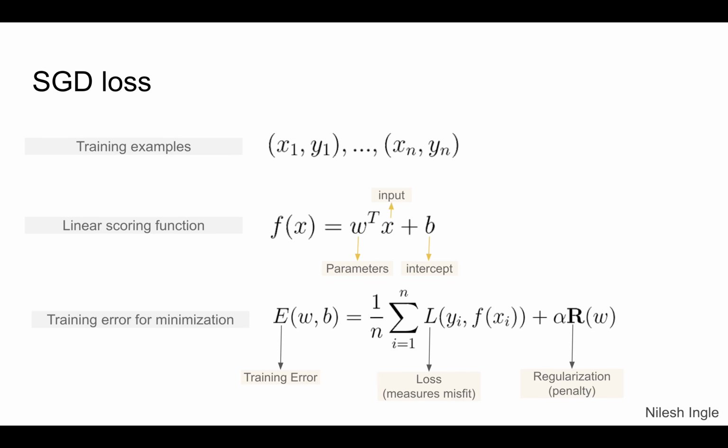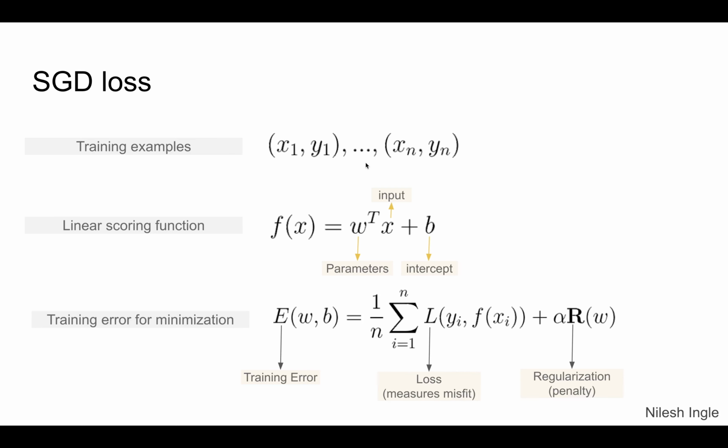Now, SGD loss is shown here on this slide. Let's assume training examples x1, y1, x2, y2 up to xn, yn. Then the linear scoring function is given by this familiar equation, which is w transpose x plus b, where b is the intercept, w is the parameters, and x is the training examples.